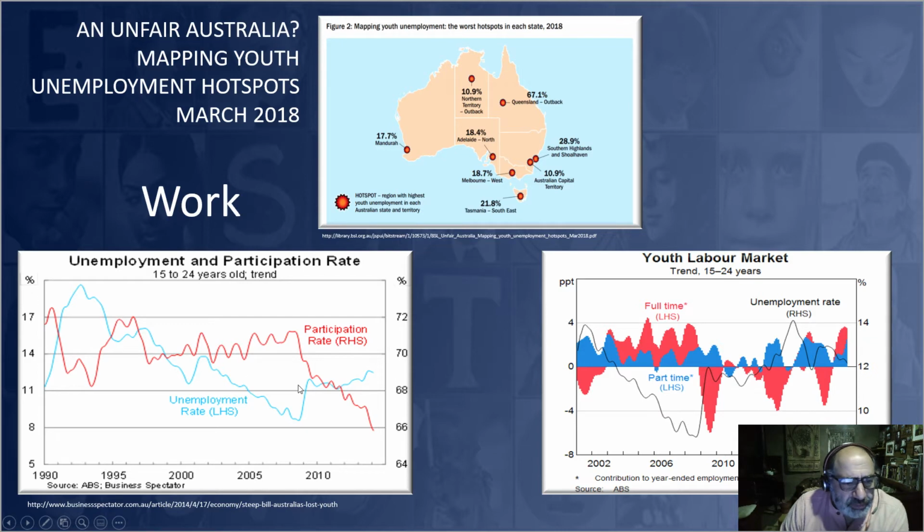The only one I want to focus on is this red one, the participation rate for youth, 15 to 24-year-olds. You see this after about 2008, a dramatic decline in participation rate. This is probably more problematic than the actual unemployment rate.